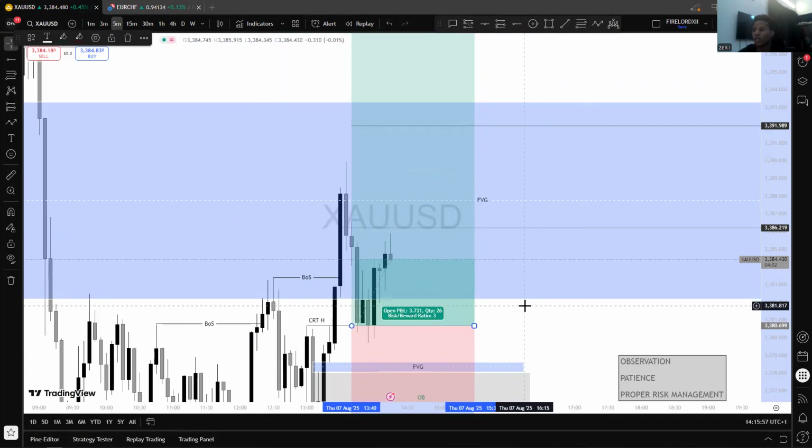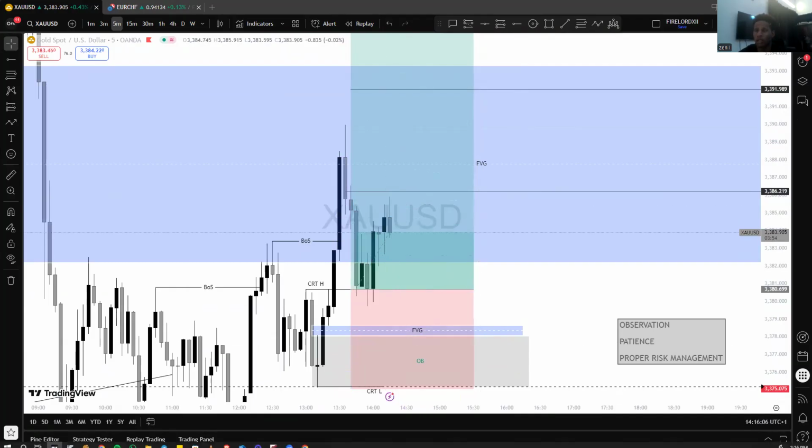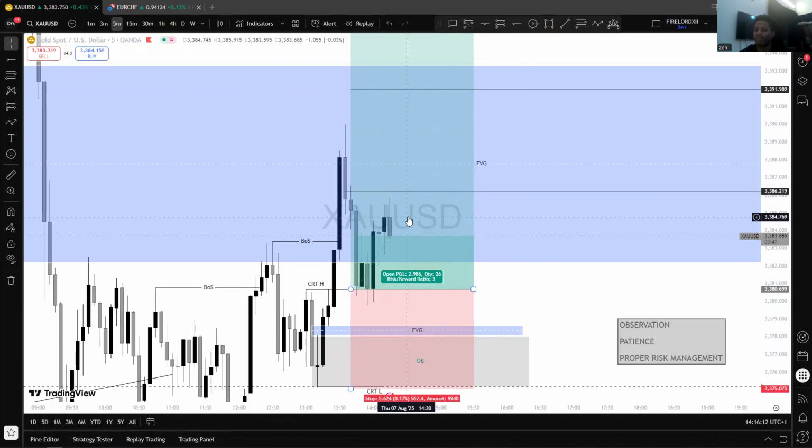But I believe we've been able to prove that it works, and you'd most definitely get your 1:1 RR. There's a high probability you get your 1:1 RR if you use this method.